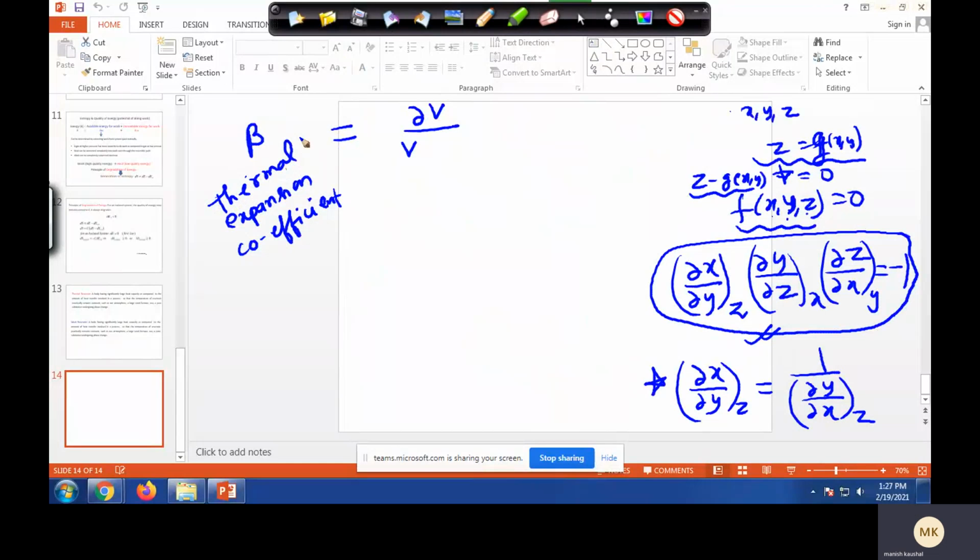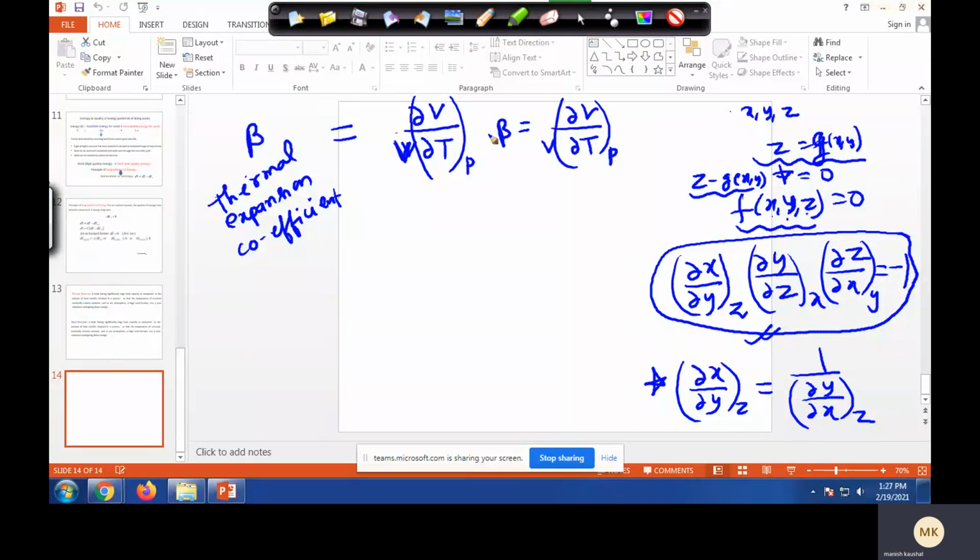A real gas will expand when you increase its temperature. So not isothermal, thermal expansion coefficient. You can see that dou V by dou T, divided by V, is the fractional change in volume with respect to temperature, keeping the pressure constant. So this is the definition of beta. That's how I remember it: it's a fractional change in volume, where V is the instantaneous volume, and how it changes due to the temperature difference at constant pressure.